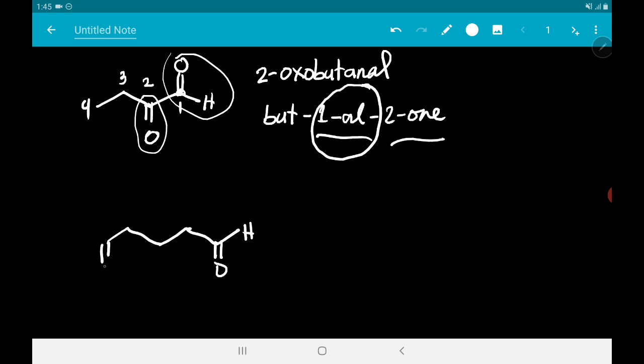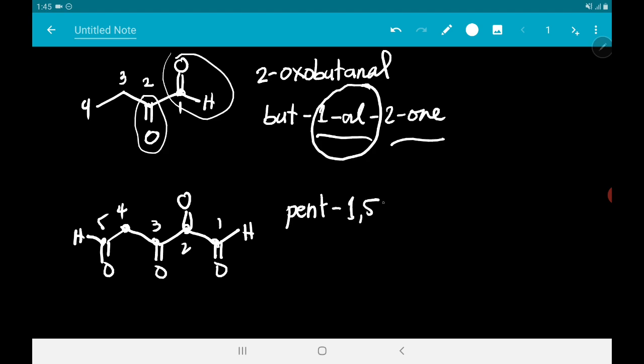we have two aldehydes. Okay? And we have 2 ketones. So, the name of this compound will be 1, 2, 3, 4, 5. So, pent. Okay?